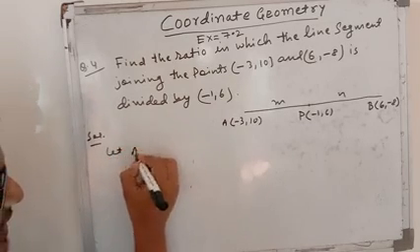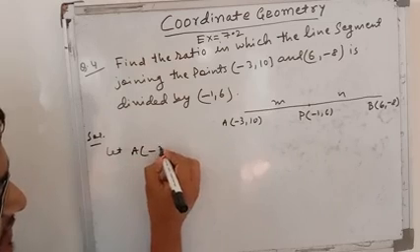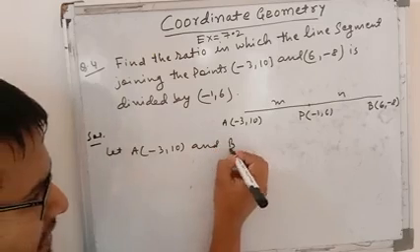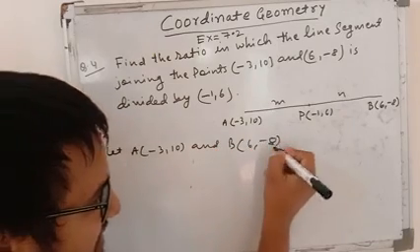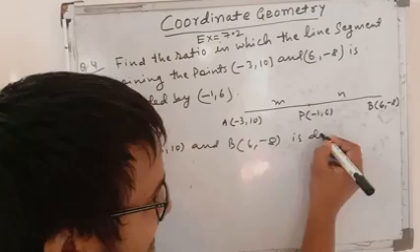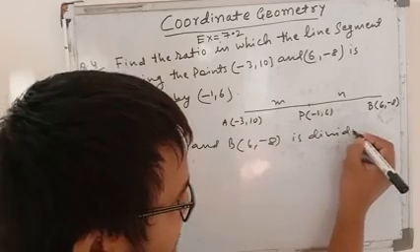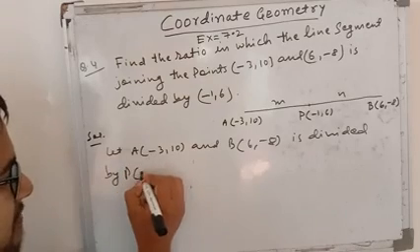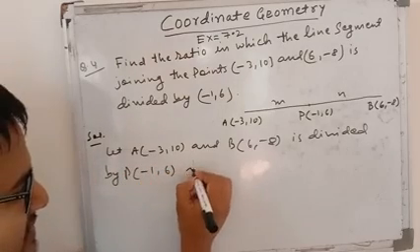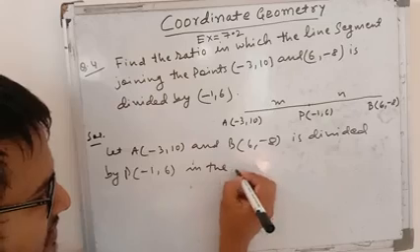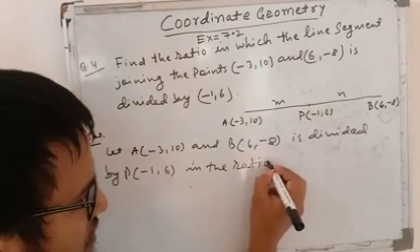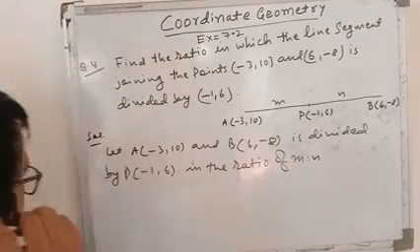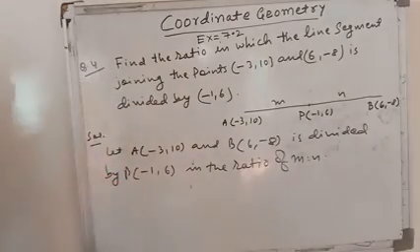Let A be (-3, 10) and B be (6, -8), divided by P (-1, 6) in the ratio M is to N. We have to find the ratio.